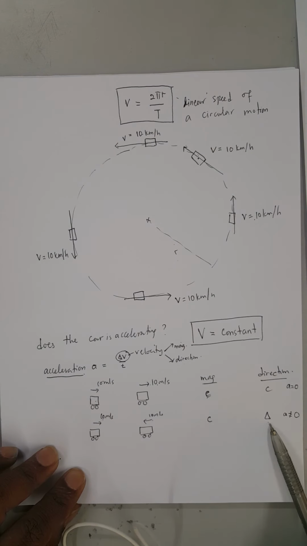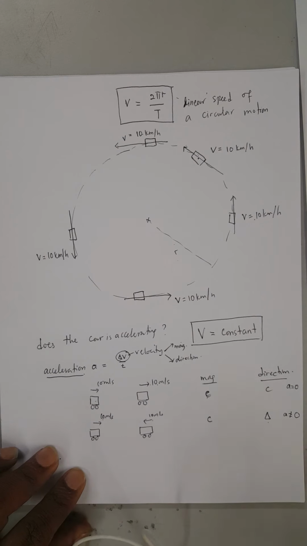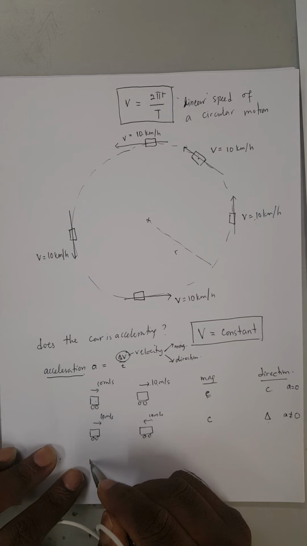When direction changes, the acceleration is not 0, so there should be an acceleration. That's the one we're going to find next. So these are the two cases, magnitude and direction changes. How about one more case?